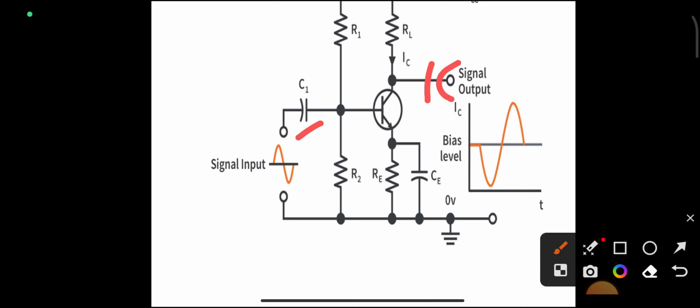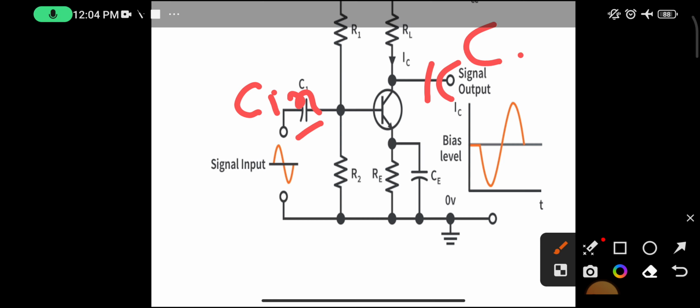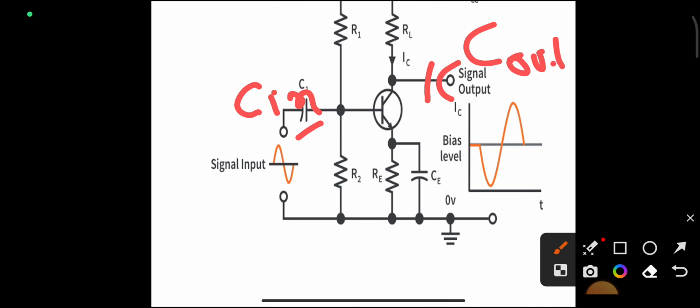These capacitors can be called C in, here you can write C1. This capacitor can be called C out. So these C in and C out capacitors are also called CC, meaning coupling capacitors.